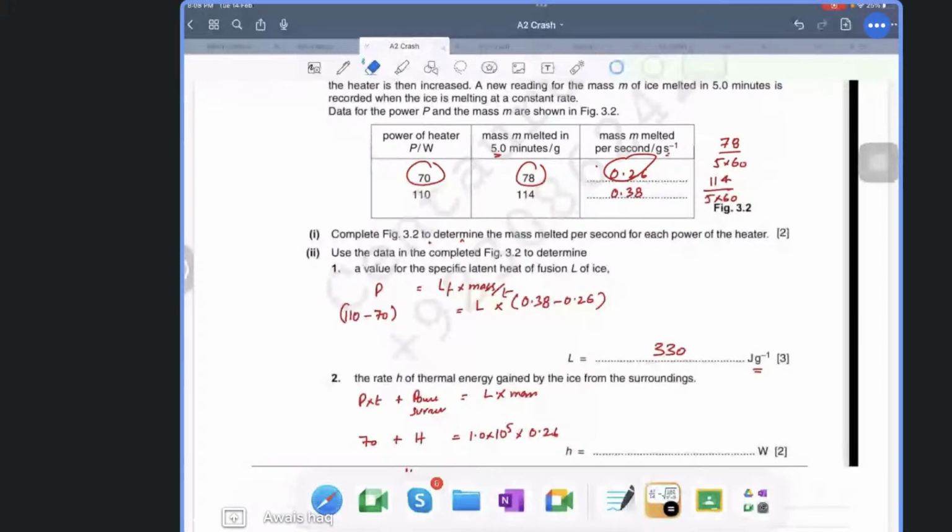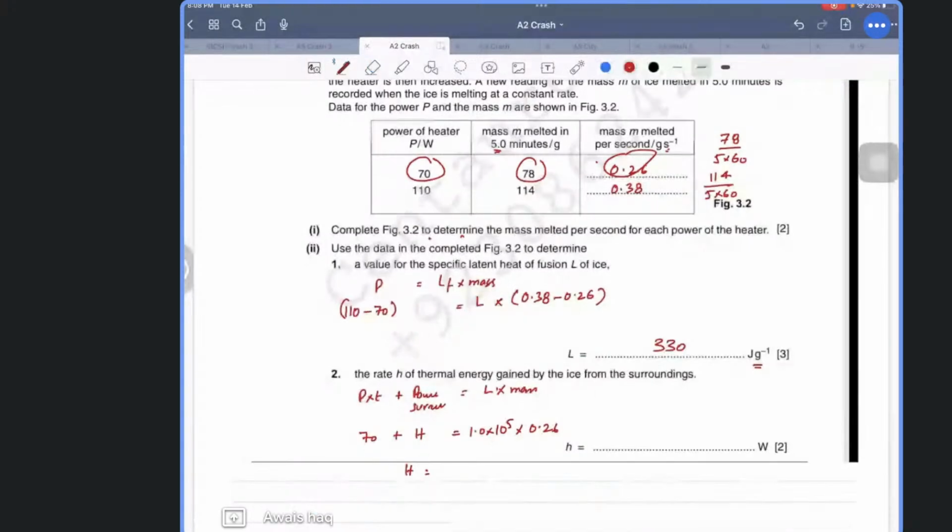Earlier, what I did was I put the right equation, but I failed to realize that the mass is already mass over time. So my equation should have been power equals latent heat of fusion times mass. That time divides here, so it's all right not to multiply time, because we have already done it here, and that's why. Is that clear?